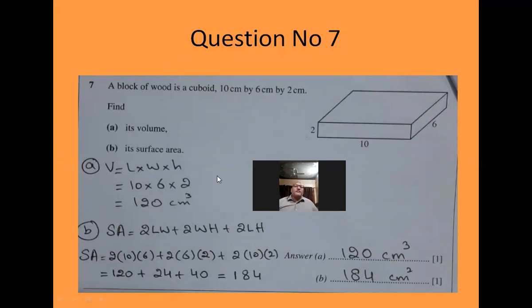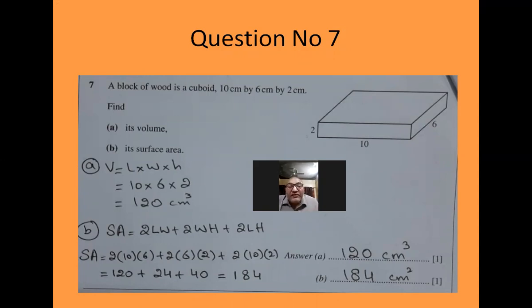Its volume is length into width into height, so it will be 10 into 6 into 2. That will be 120 centimeter cube. Now, if you want to find the surface area, the exact formula is 2 multiplied by length width plus 2 multiplied by width height plus 2 multiplied by length height.